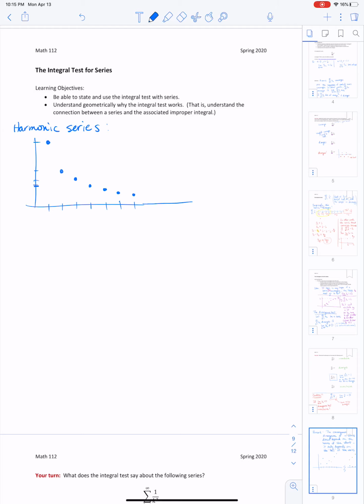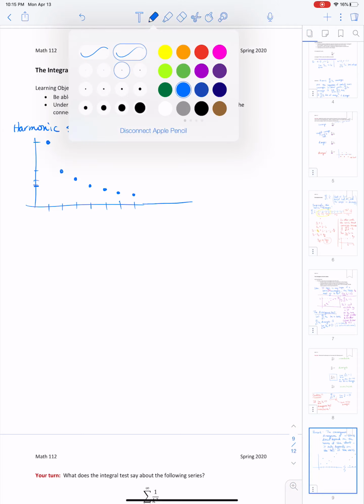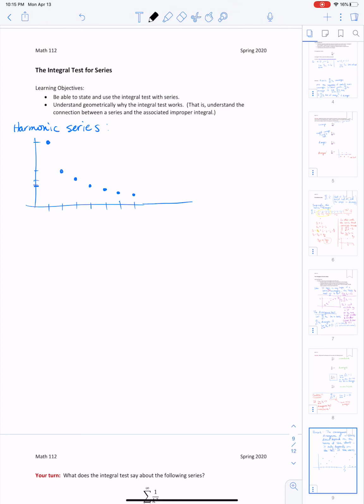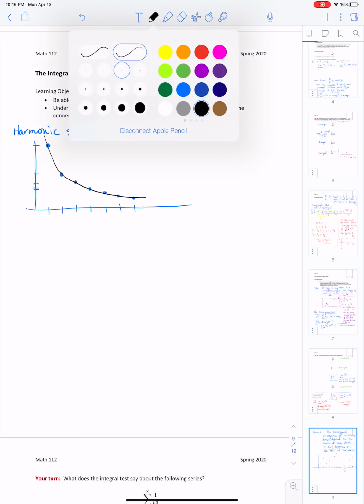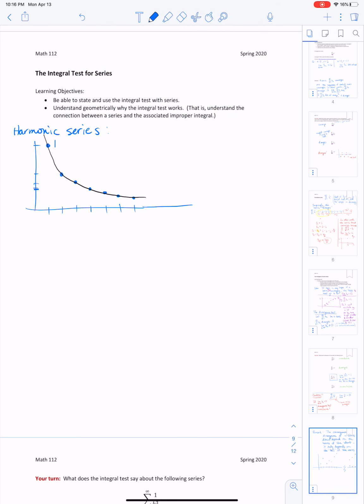The terms of the harmonic series are 1, 1/2, 1/3, 1/4, and so on.